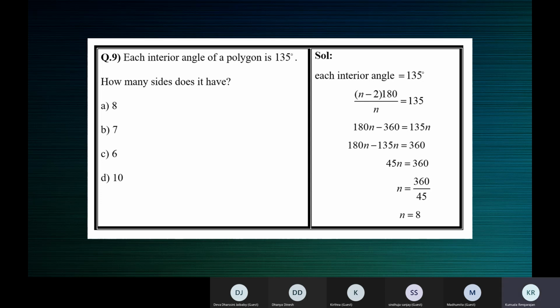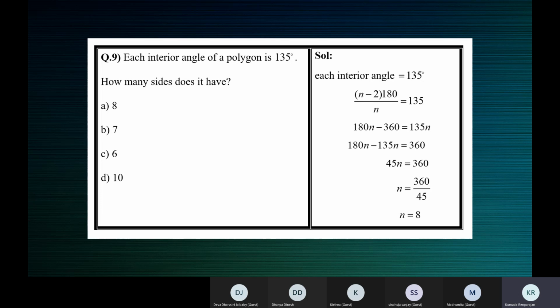So now what should you do? You have 45 degrees, you have 360 by n. 45 degrees is the measure of each exterior angle, and for each exterior angle the formula is 360 by n.